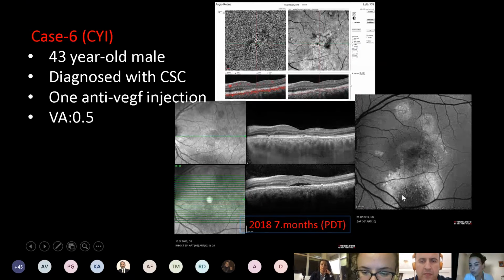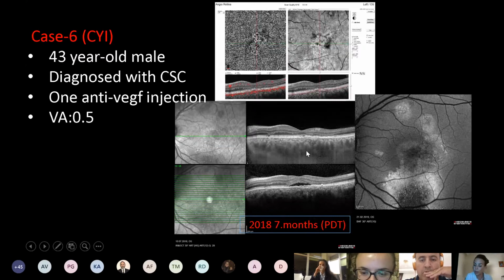Unfortunately, there are also prominent, very bad RPE changes widespread all over the macula. This is because some of my colleagues try to follow these patients without any treatment, and that's why this can happen. Please try to do something more for these patients, because they are young.